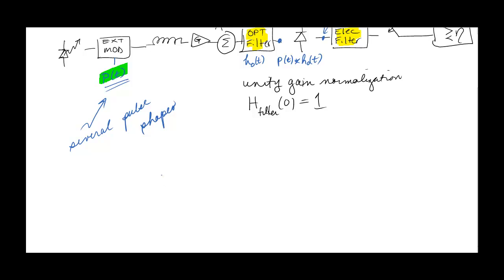So again, R of D is the proportionality constant between the electrical and the optical power.